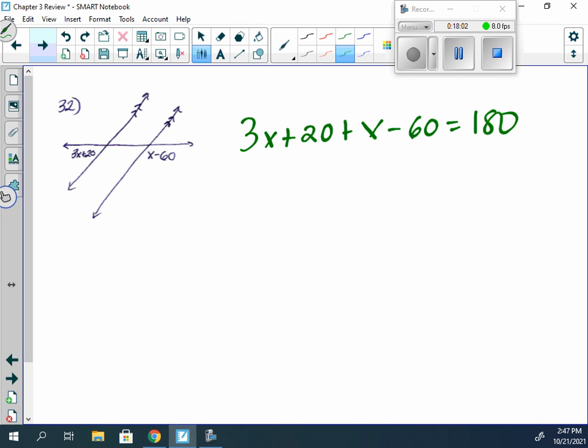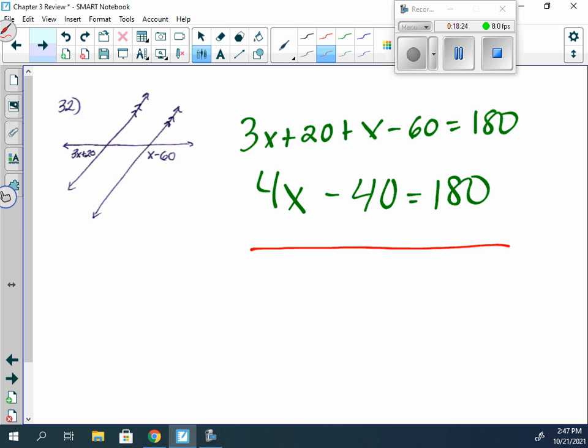So to solve for the value of x, the first thing we need to do is combine like terms, because we do have like terms on the same side. 3x plus x is 4x. 20 minus 60 would be negative 40. We would add 40 to both sides.